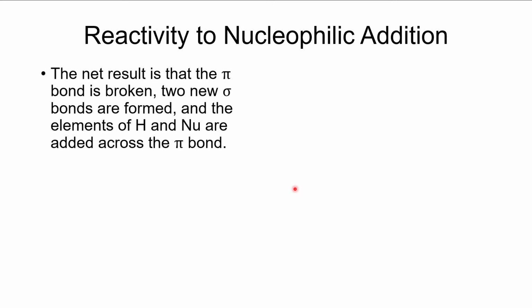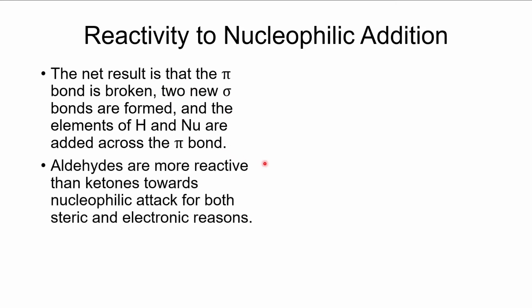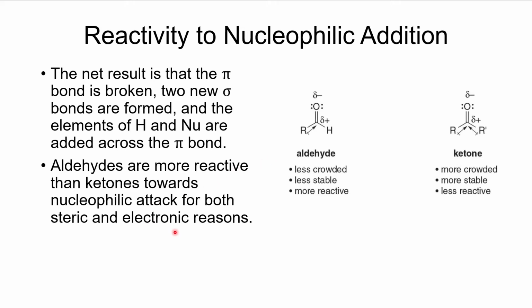When it comes to how reactive compounds are to nucleophilic addition, for aldehydes and ketones we're going to find that there are 2 major factors. We break that pi bond and make 2 new sigma bonds, but aldehydes are more reactive to nucleophilic attack than ketones. There are 2 reasons for this: one is steric and one is electronic. Let's look at the steric reasons first.